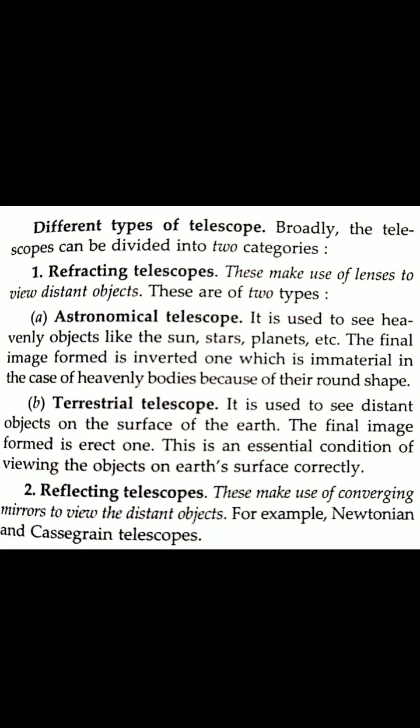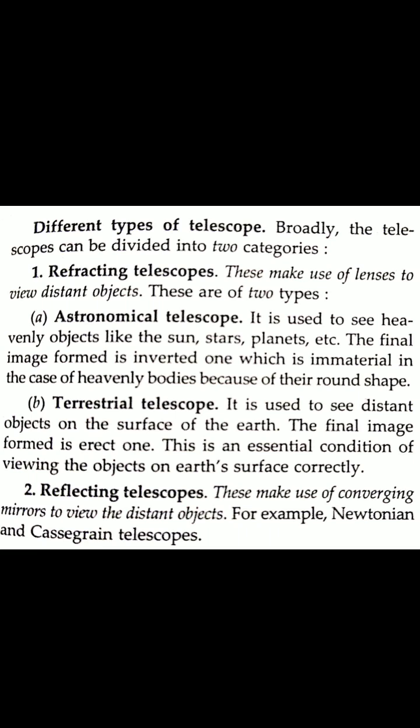There are two types of refracting telescope: one is the astronomical telescope, another is the terrestrial telescope. The astronomical telescope is used to see heavenly bodies like the sun, stars, planets. The final image formed is inverted, which is immaterial in the case of heavenly bodies because they have a round shape.